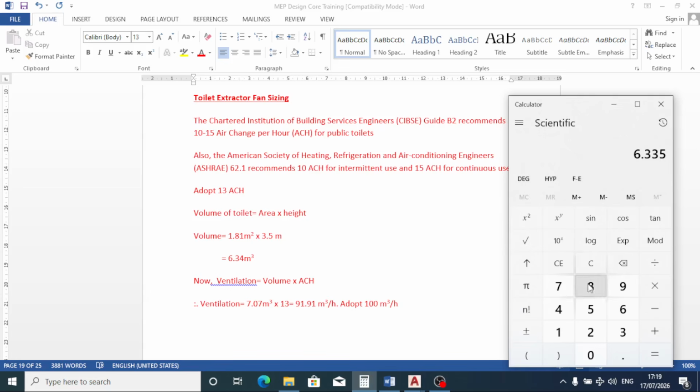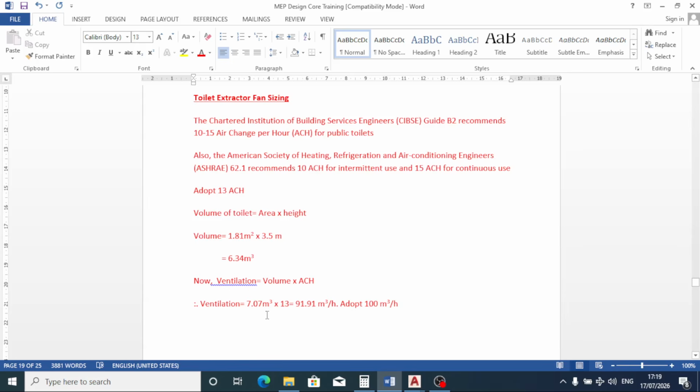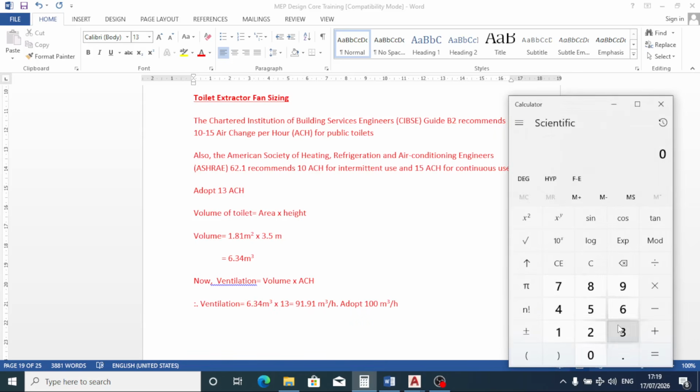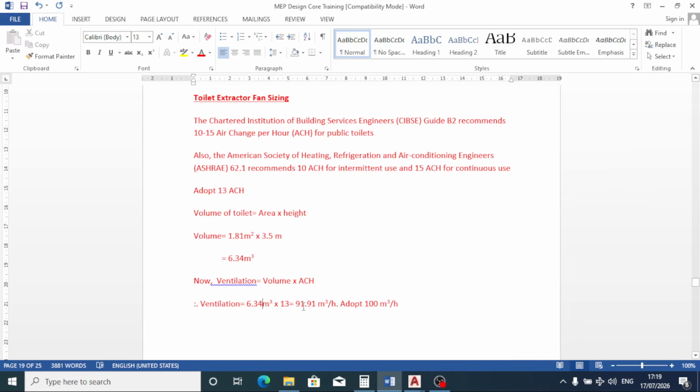So now .34 multiplied by 13 air change, we are going to have 82.42 meter cube per hour.